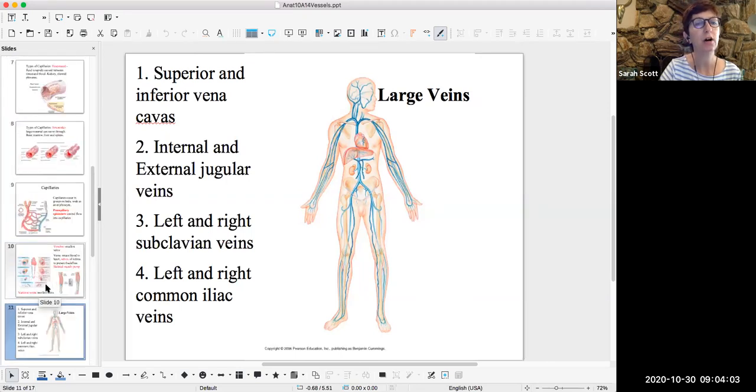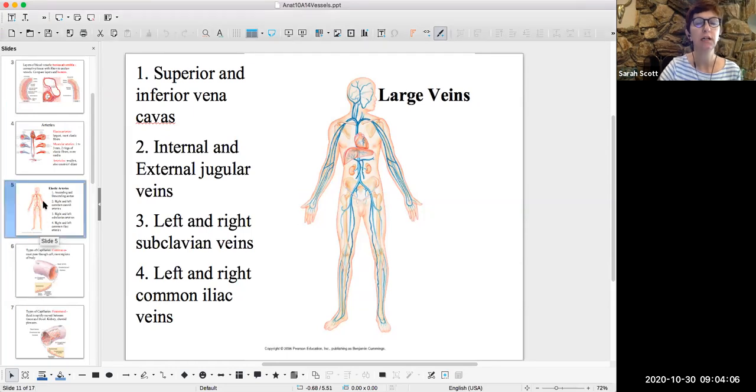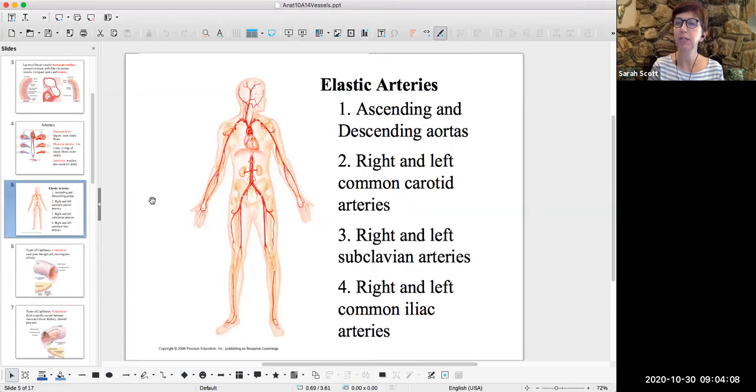And then for the arteries, we have these major arteries that you should know. So we have the ascending and descending aortas. The ascending aorta is this short piece coming out of the heart before that rapid arch. Descending starts just here and goes all the way down into the pelvic cavity.